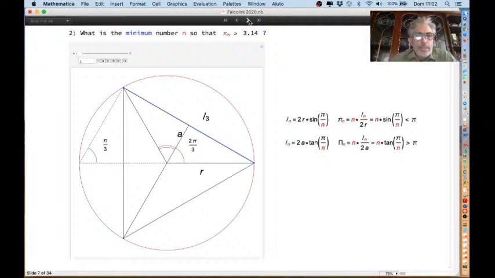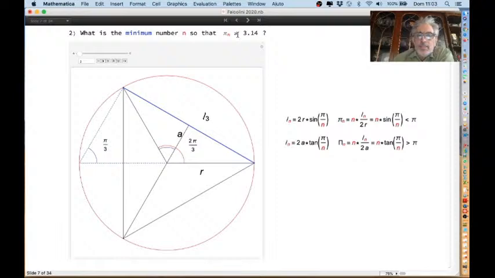Let's pass to the second one, which in fact is a well-posed problem. What is the minimum number n, so that pi n, remember that pi n is the perimeter of the regular polygon with n sides, with respect to the diameter of the circumscribed circle, overcomes 3.14?